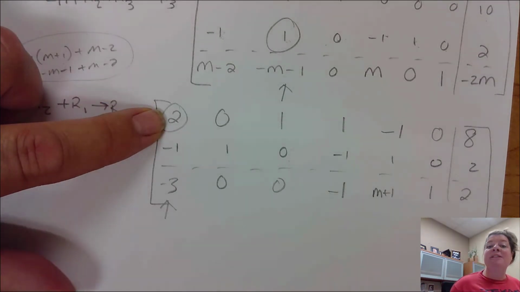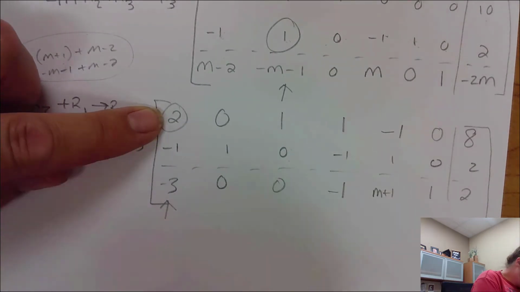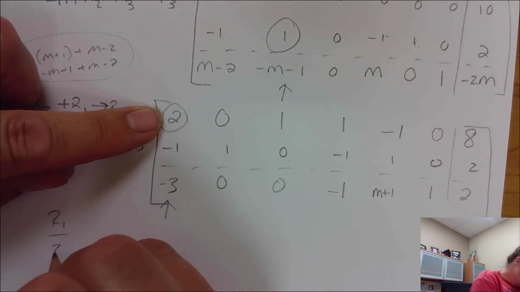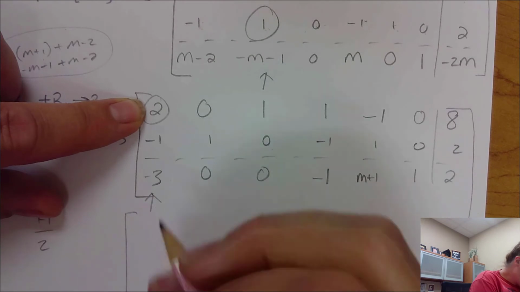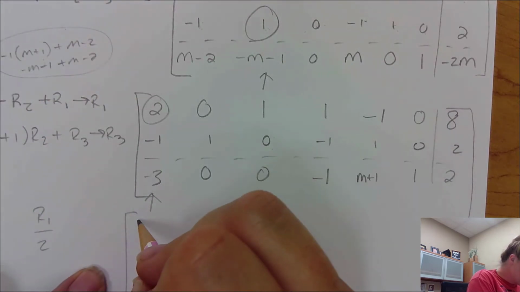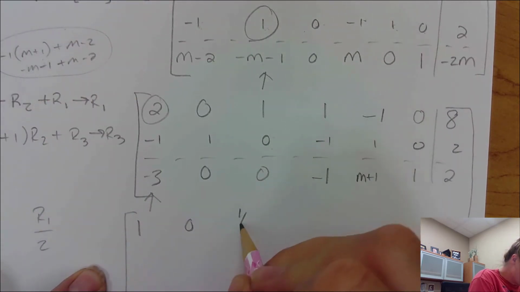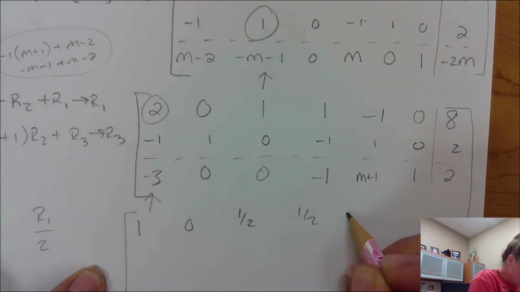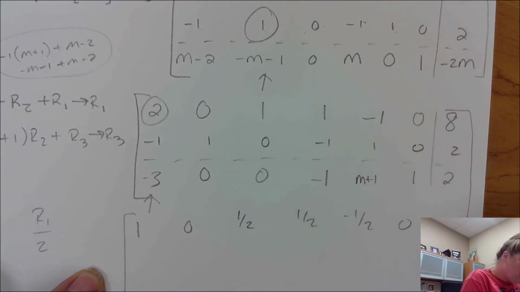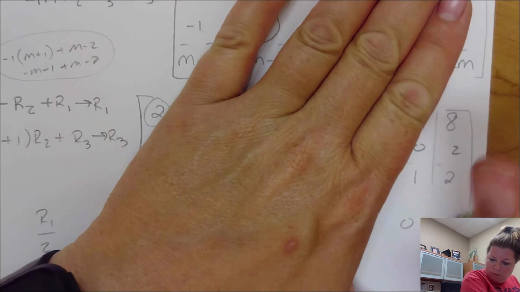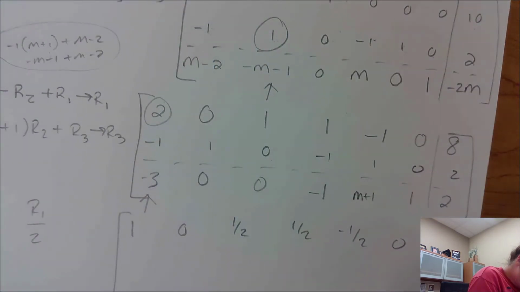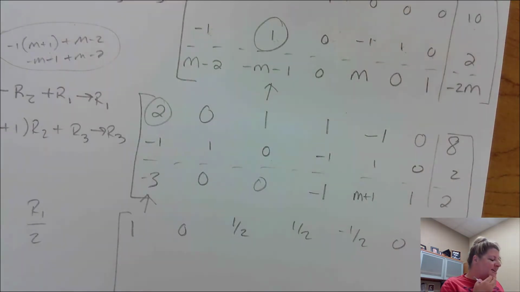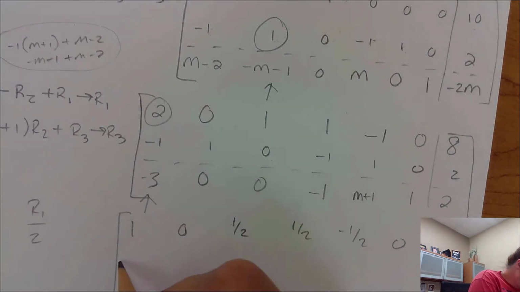Our first step would be divide by 2, so row 1 divided by 2. That's going to become 1, 0, 1/2, 1/2, -1/2, 0, 4. Then the other rows stay the same for this one.